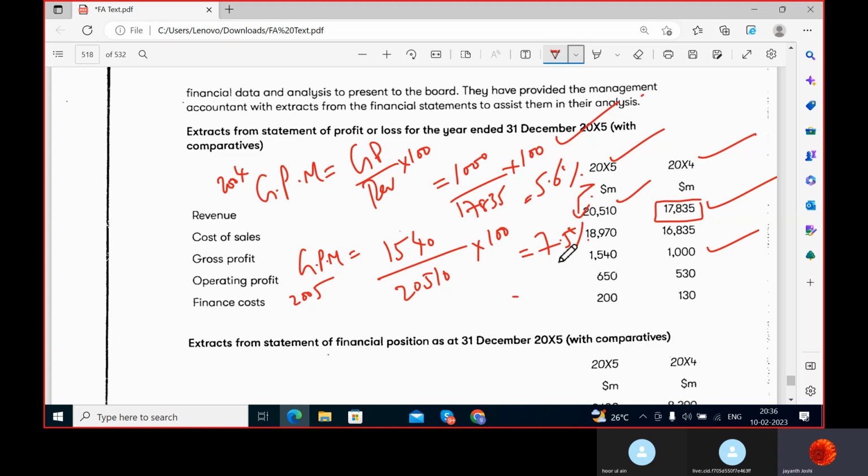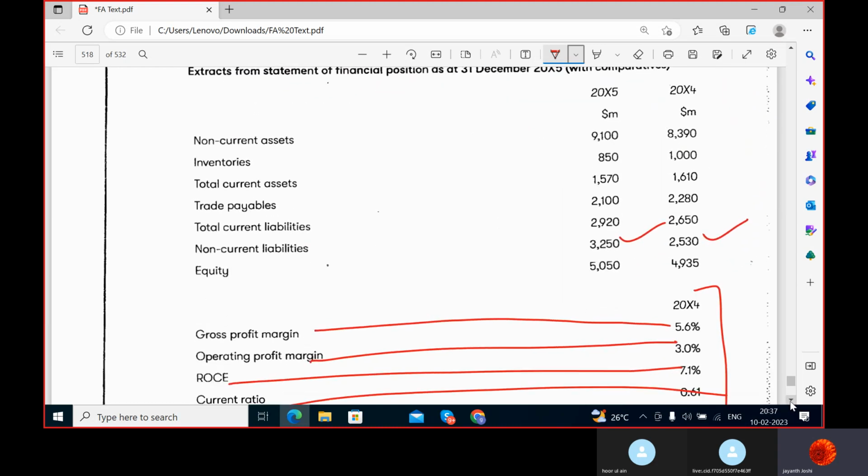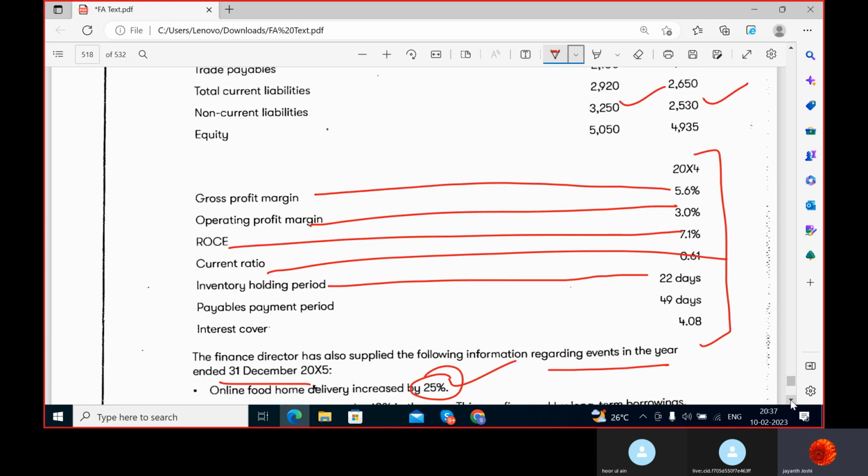It's a very good sign. Maybe we have been successful in some cost reduction. It's a comparative thing: the current year's gross profit margin is more than the previous year's. It shows a satisfactory performance by the company in earning prime profits, that is, profits from the prime activity.